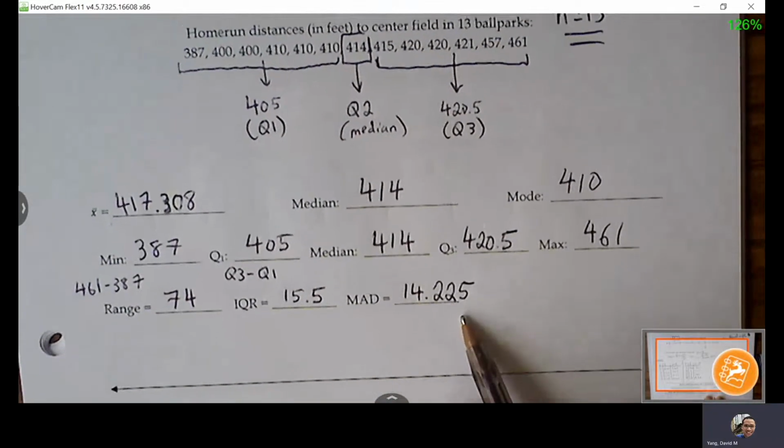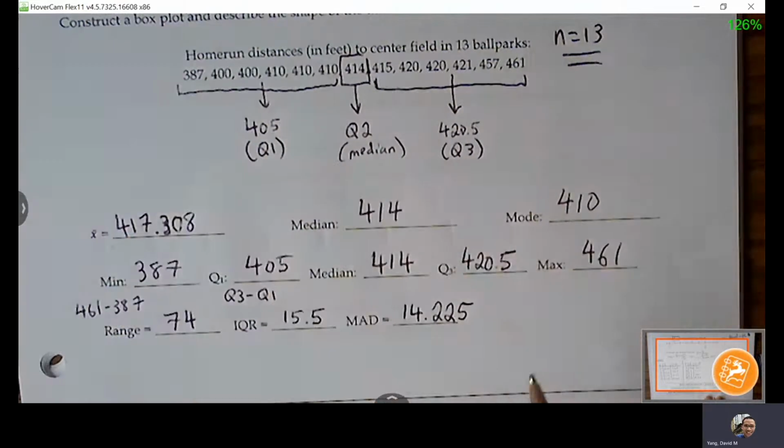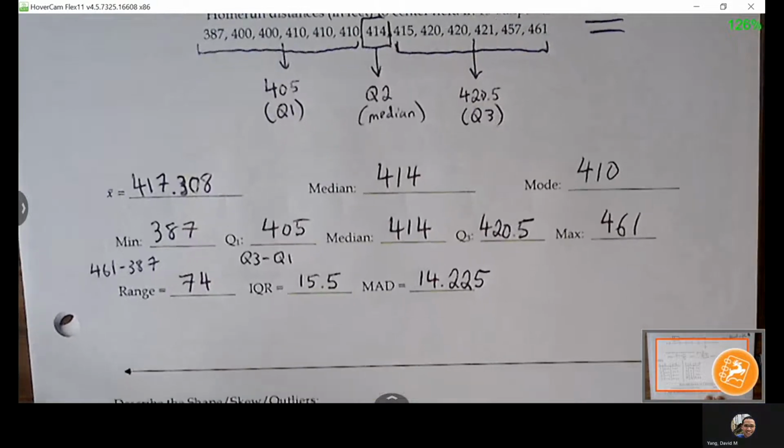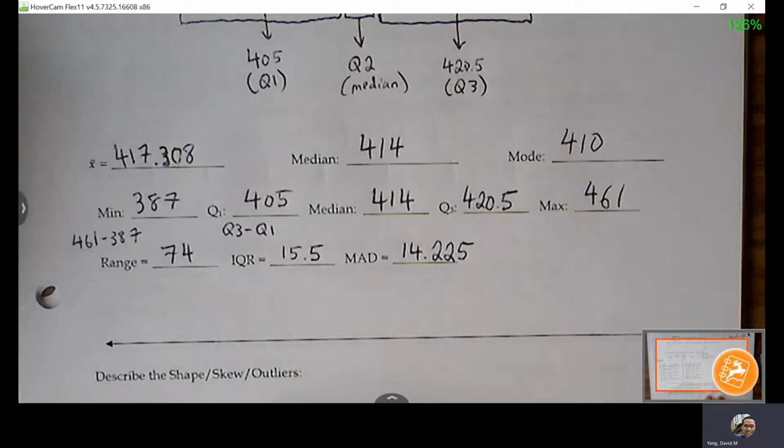Mean absolute deviation is going to be a chore to go through 13 numbers. So let's do mean absolute deviation for the second page, page 8, when there's less numbers. So right now you can just copy that down. Okay, box and whisker plot here.